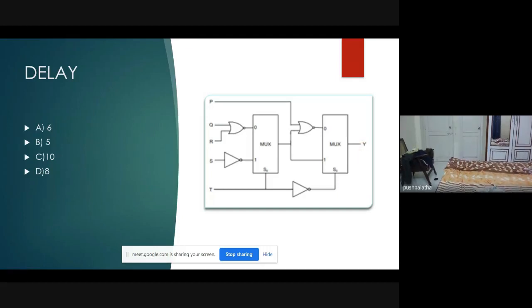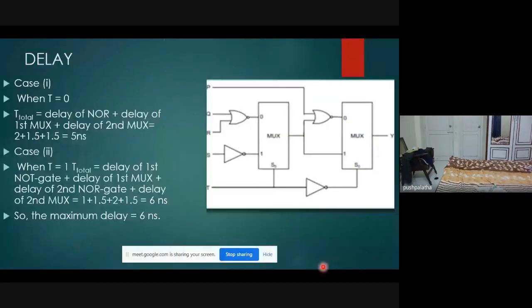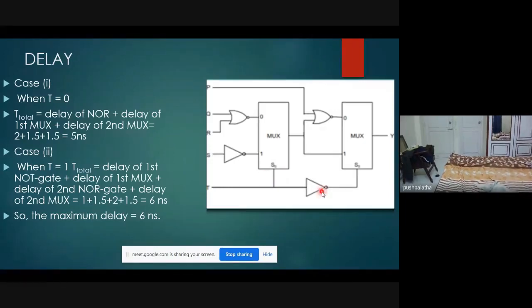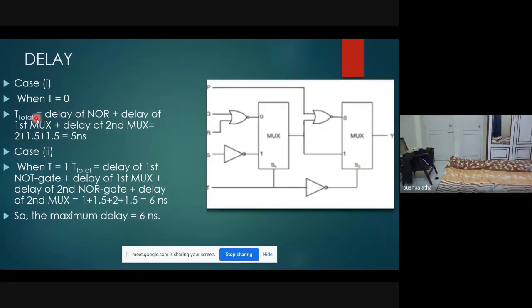Now we'll see one by one. First case, I'm taking when T equal to 0. When T equal to 0, what will be the total delay? I told you we have to take two cases because T is given straight away to the first mux and it is given with a 1 nanosecond delay to the second mux. So what will be the total delay? Now when T equal to 0, you have the delay of NOR, the delay of your first mux and the delay of your second mux.